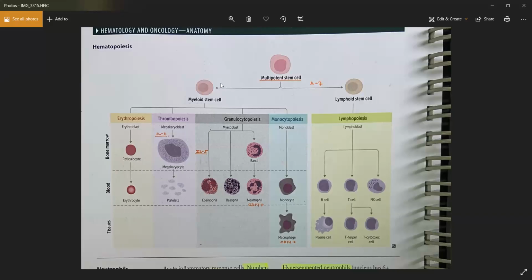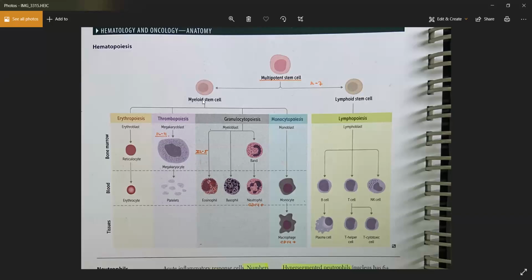These myeloid stem cells can also undergo thrombopoiesis, in which they become the megakaryoblast. This megakaryoblast will give rise to the megakaryocyte. See, the blast form is the immature form, and the cyte form is the mature form. These megakaryocytes will enter the bloodstream, go to the lungs, and in the lungs they will form the platelets.